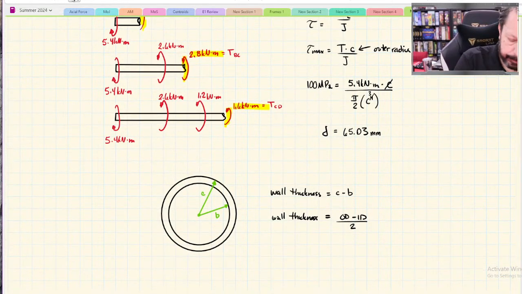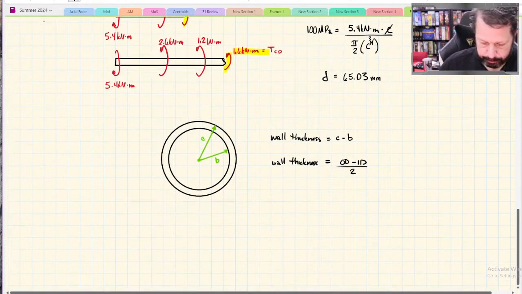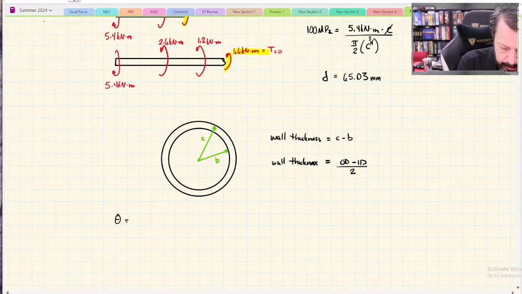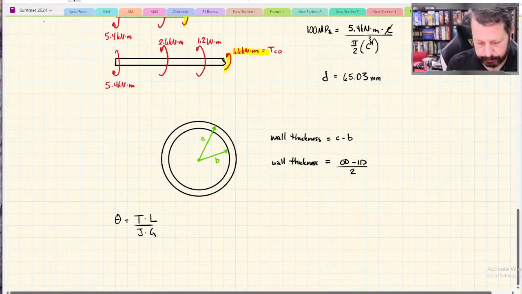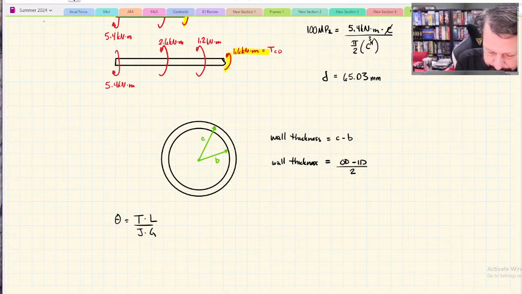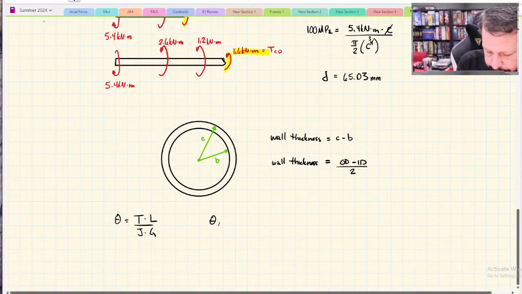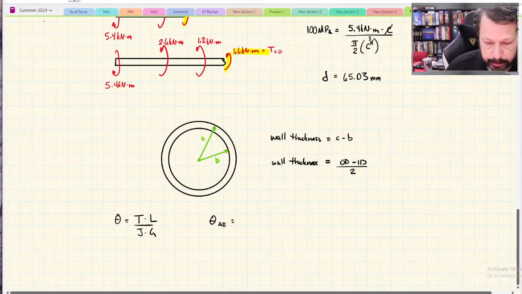So, angle of twist for section AB. Remember, our generic angle of twist equation is theta equals TL over JG, although I think I wrote it GJ. Doesn't matter. It's multiplication, so it doesn't matter what order I write it in. So angle of twist for section AB is T for section AB, 5.4 kilonewton meters.